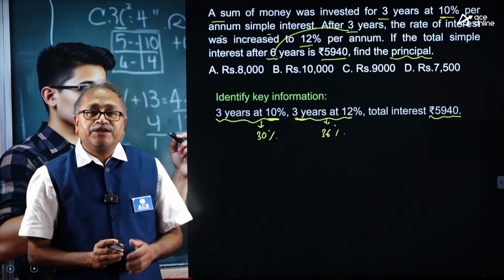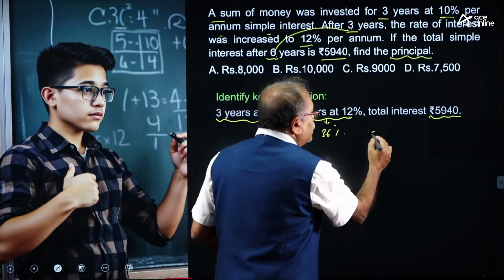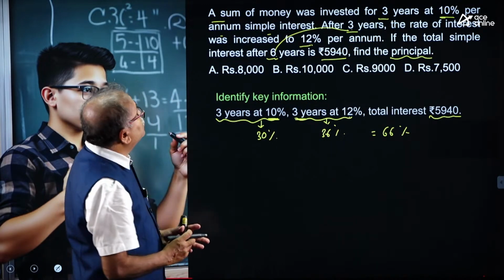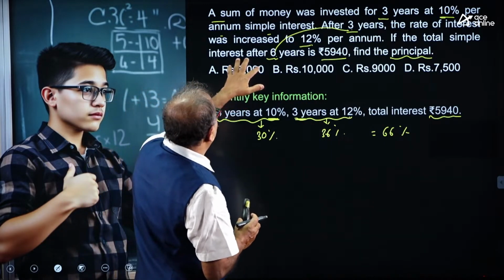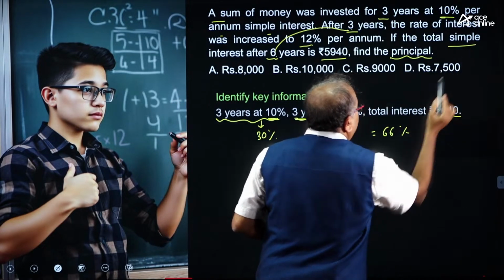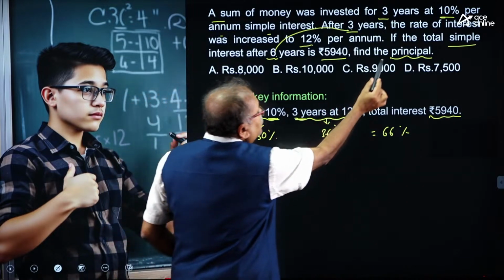As it is simple interest, you can simply add 30 plus 36, that is 66% interest. That is right. So, what is given to us is the total simple interest, that is 66%. What I need to find out is the principal.